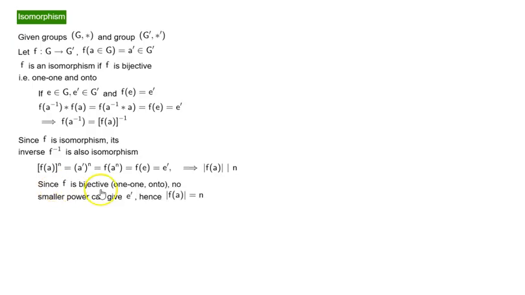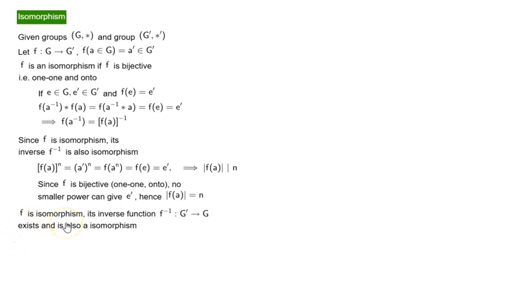Now, since F is bijective, that is one-to-one and onto, no smaller power can give E prime. Hence, the order of F of A is equal to n. So first we showed that it divides n, and then we showed that it is actually equal to n.